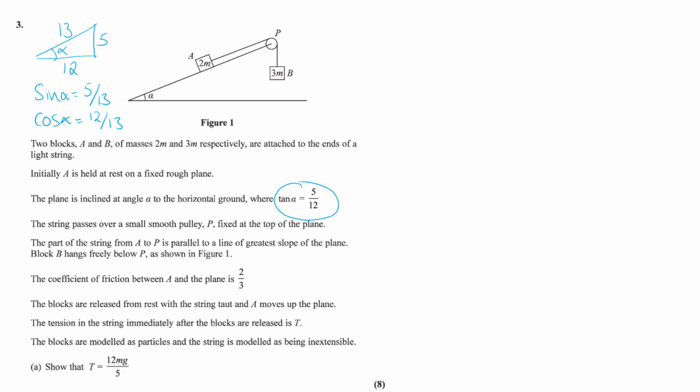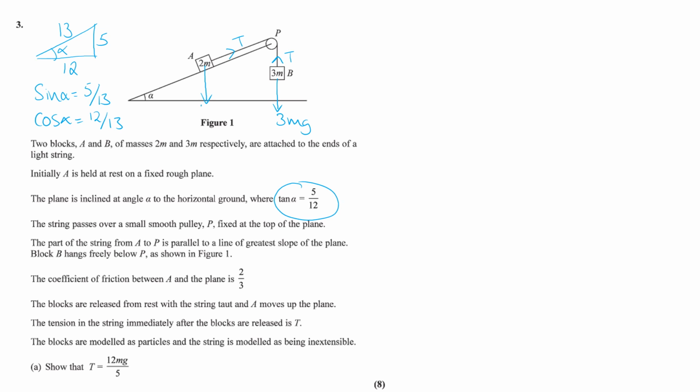Now if we put the forces on the diagram, we're going to have the weight 3mg acting down. The tension, because it's joined to A, is going to be pulling it back. That same tension throughout is going to be what's carrying A up the slope.